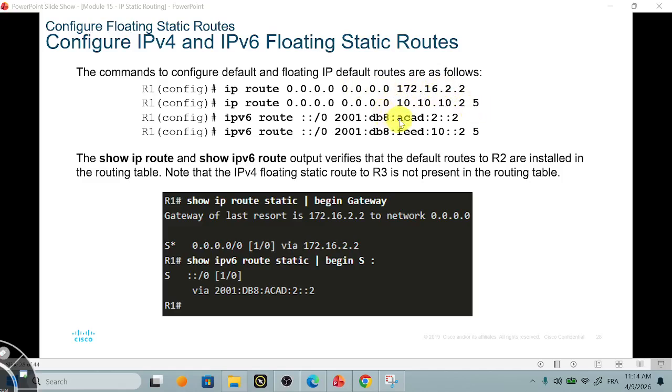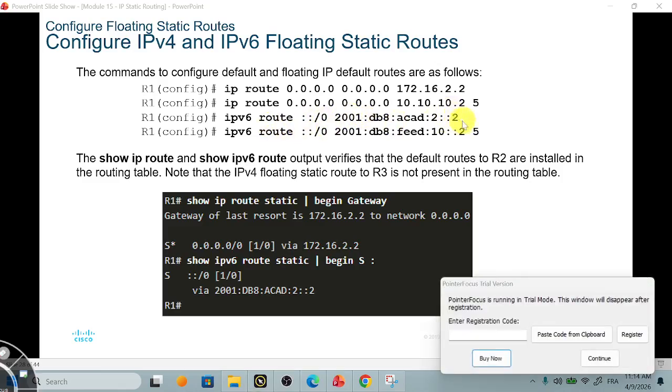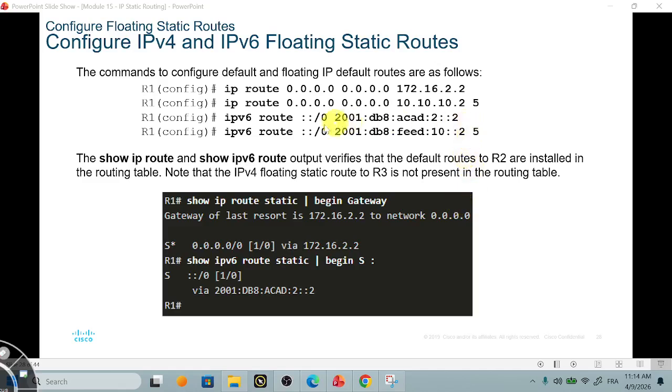And this is also the same. Use this primary path. If it's not available, use this second one. Because we want the router to always choose this one, we make the value here 5 and here by default 1. So if it's 1, it should always use this route if it's available.